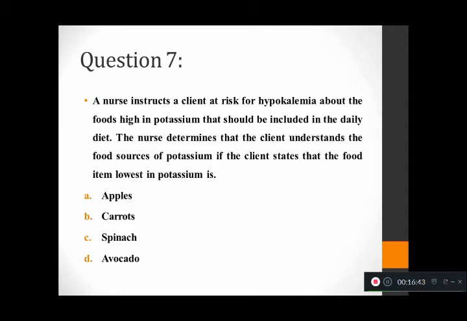Let's see that. A medium size apple gives 159 milligram of potassium.